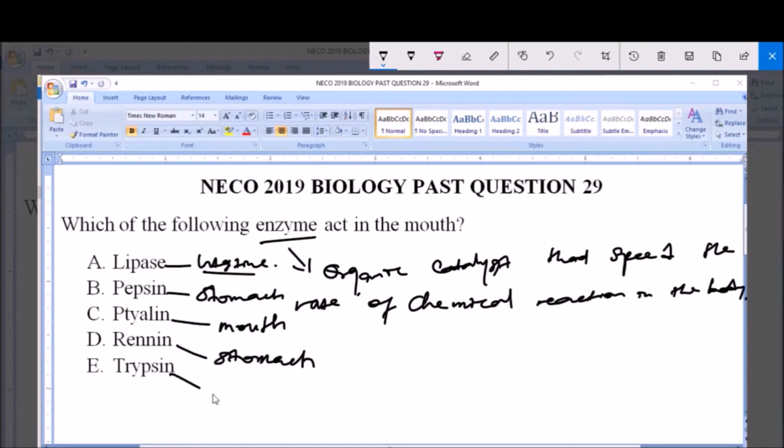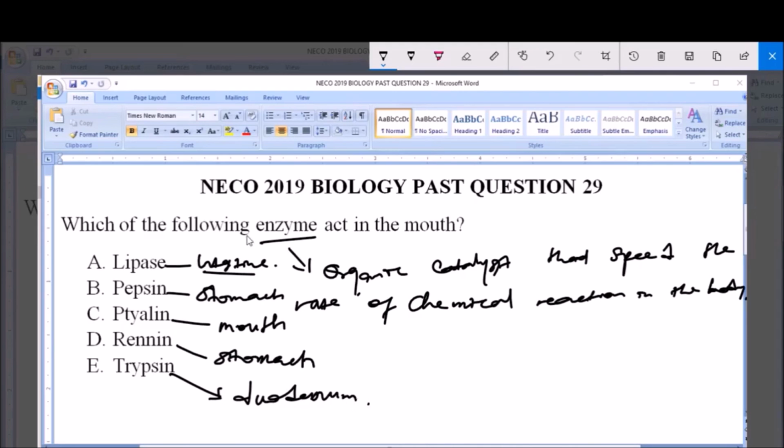Trypsin is also an enzyme that acts on proteins. It is released by the pancreas into the duodenum, so you find it most especially in the small intestine, the duodenal part.